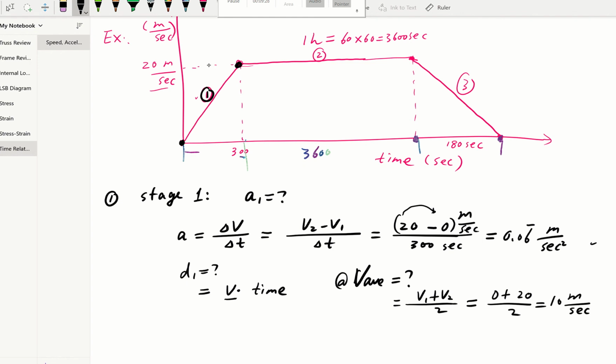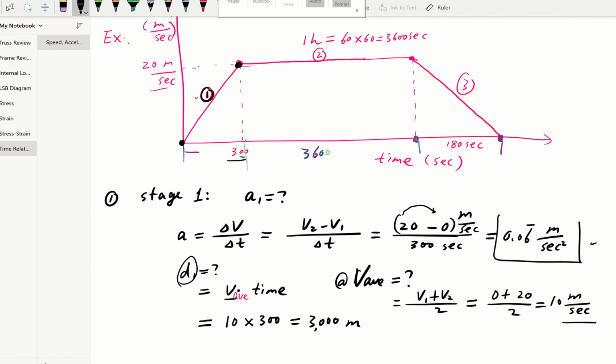So we can write that down here with a subscript average. Going back to the formula for distance, d1 is going to be average speed, 10. Then how long does this take? It's 300 seconds. Then we got our 3,000 meters. So that's the distance they traveled.